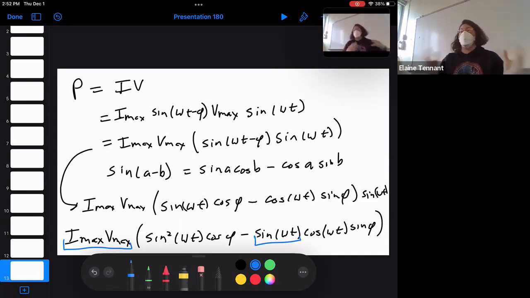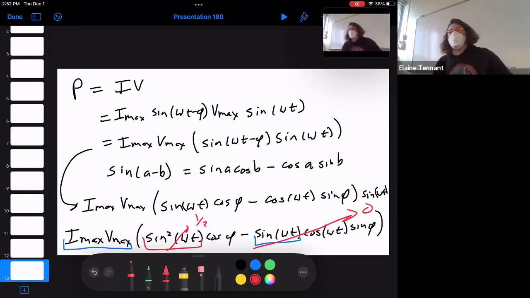This is why you need an RMS value if you're going to take an average of a sine function. But you just take an average of a sine, you hit the middle and you get 0. So when I take an average of this thing over here, you're going to get 0. You just have the thing in the beginning. And that's nice, because we know that the average of a sine squared is 1/2. So this guy is going to 1/2.